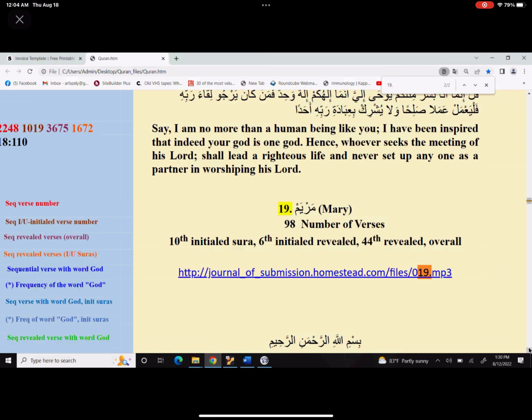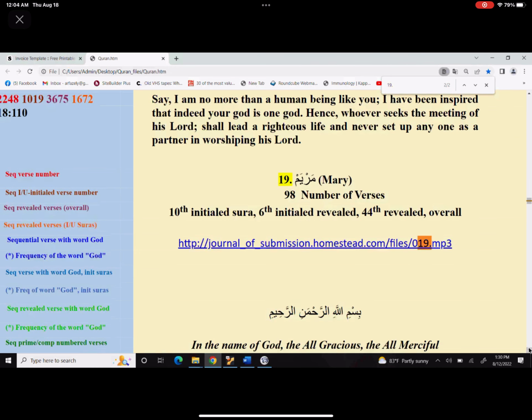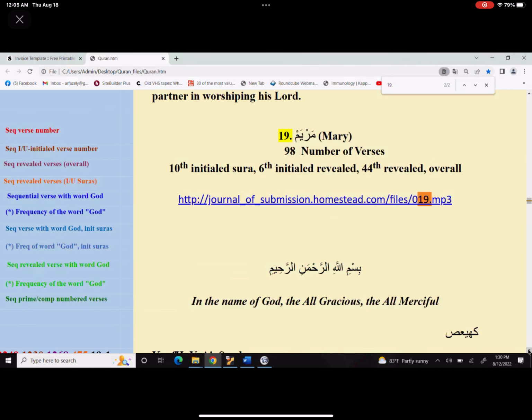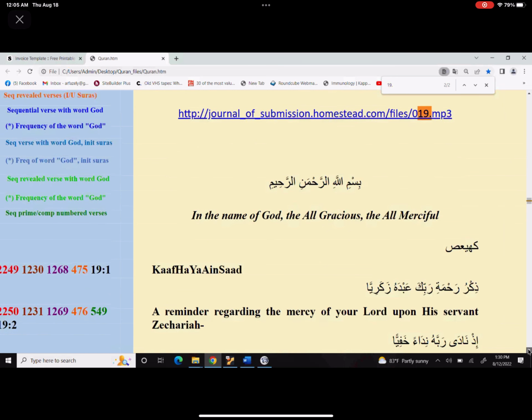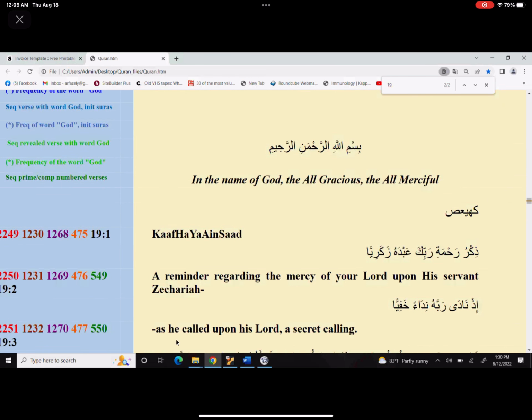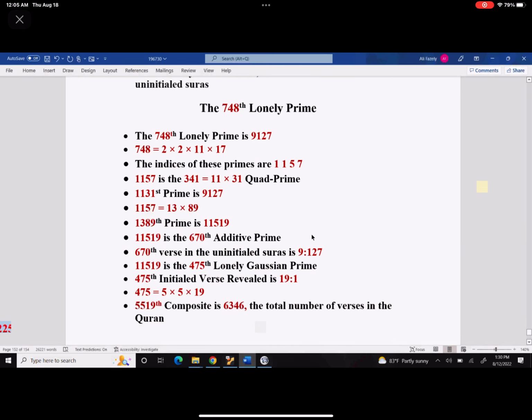The orange is the sequential revealed verse on initial surahs, and it says 475 right there. So we go back to that. The 475th verse revealed is 19:1, but 475 is 5 times 5 times 19.